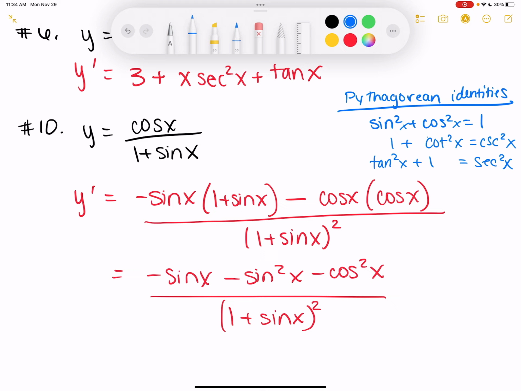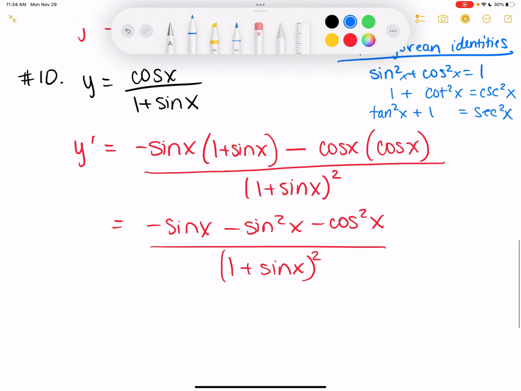Okay, so right here, these both have a negative in them. So I can take that negative out, which would give me, just for this top part here, negative times the sine squared of x plus the cosine squared of x. It almost fits there.